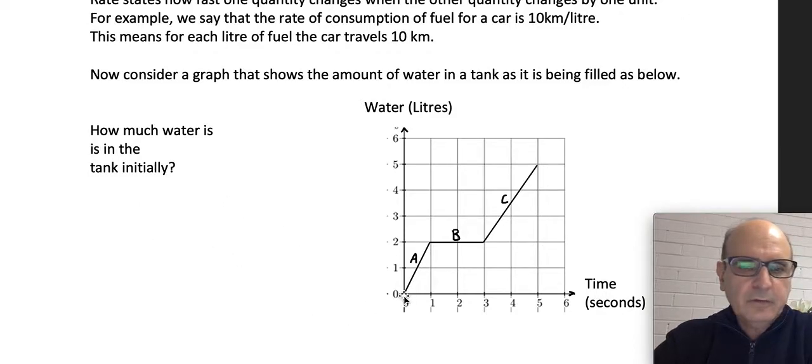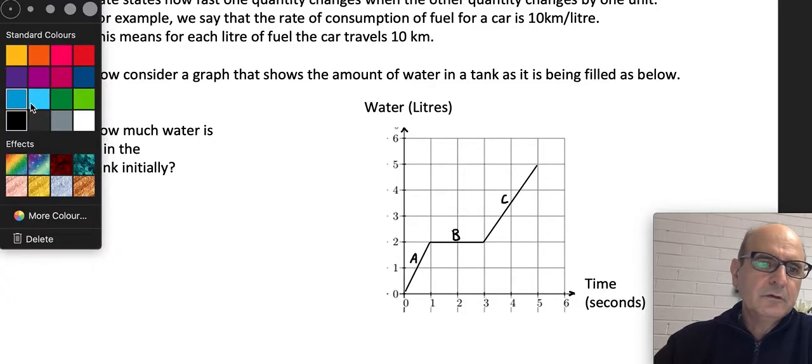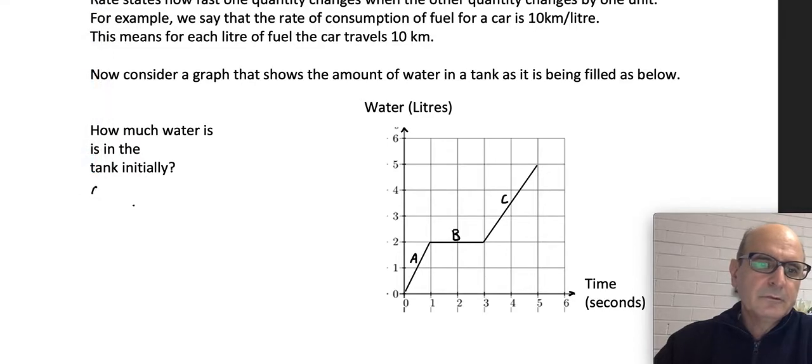So at time 0, we see the water also is 0. So the answer to that is there is no water, or 0 liters. That's how much we have in the tank initially.